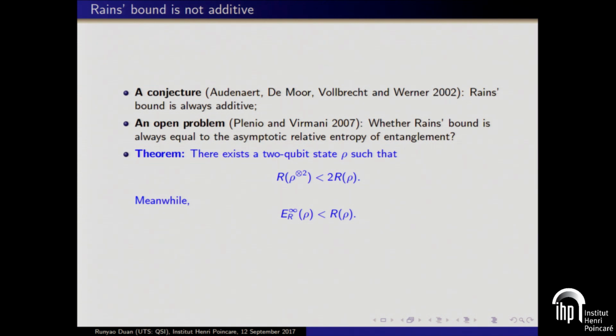The second thing is that for relative entropy, even if you take the regularization, the asymptotic relative entropy is still strictly less than the risk bound. Okay. So here the interesting part is this is a 2-qubit state. Okay, 2-qubit. So that means these conjectures are not true even for this 2-qubit state.